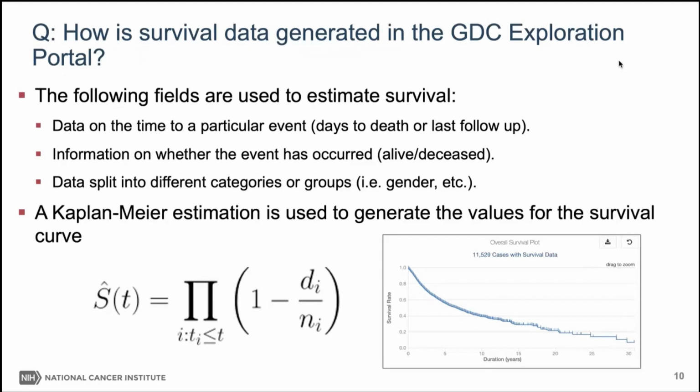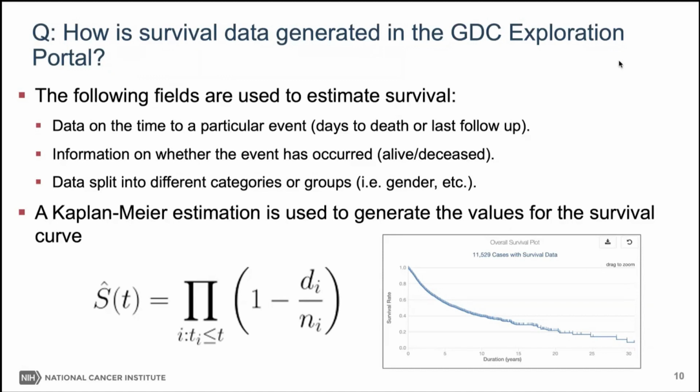I think this was pulled from Wikipedia, but in general, at a specific point in time, it's one minus the number of deaths that are known over the number of patients that are known to still be alive at that time point. So this removes the people who are lost to follow-up from this equation and estimates accordingly.